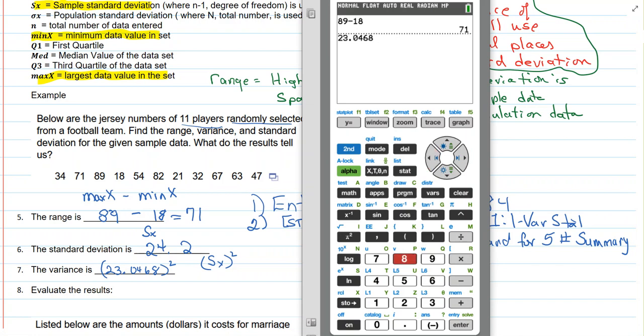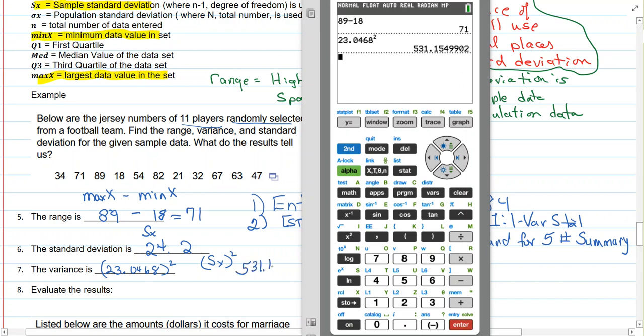And I'm going to hit the x squared, which is the 5th row, first key. And I'll enter. And I get 531.154, blah, blah, blah. And we'll do 1 decimal place.